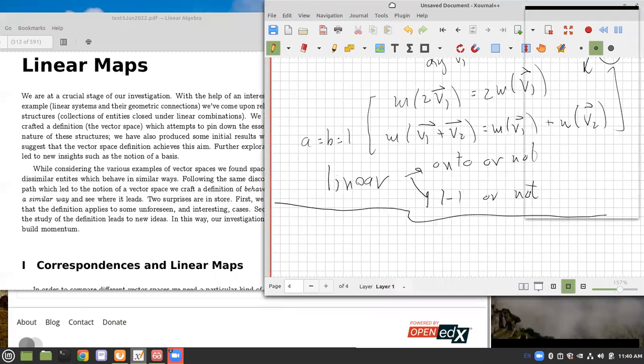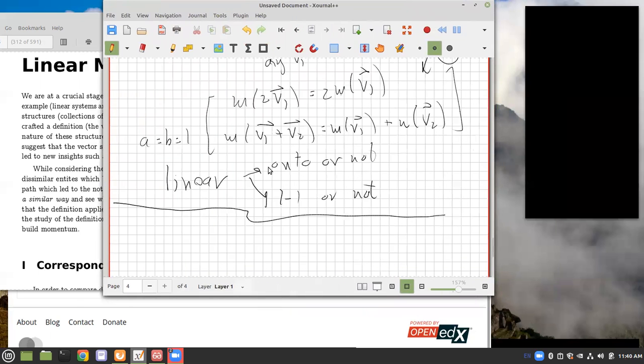Now, there are 2 special cases. One is what the chapter starts with. It starts with correspondences. Correspondences are linear maps that are onto and one-to-one.